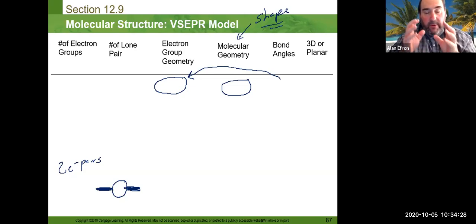The degree to which they can escape each other depends not only on the electrons that are there, but really the type of electrons. Bonding electrons near bonding electrons is kind of the best situation. Then there's non-bonding electrons near bonding electrons, those would be like the dots and the lines on your structure.